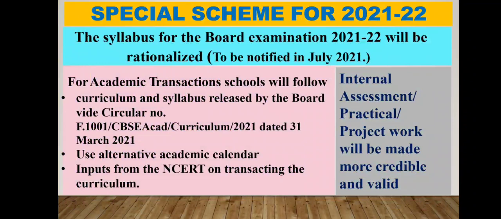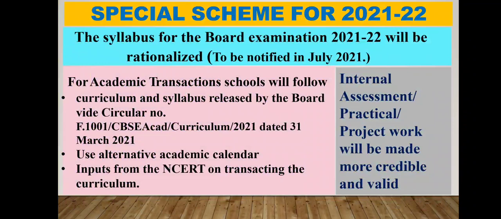Now, the special scheme illustrates that the syllabus for the board examination 2021-22 will be rationalized, and we will be getting this rationalized syllabus by the end of July, that is by 31st July 2021 at the latest. It can be divided into two terms, first term and second term.